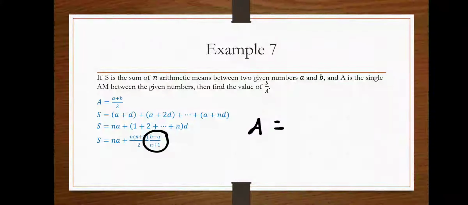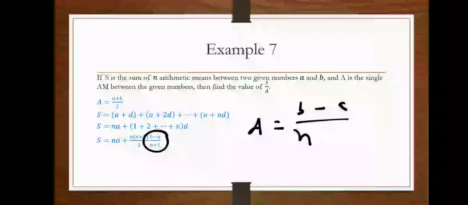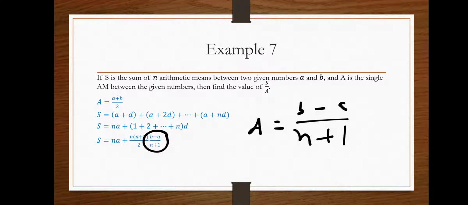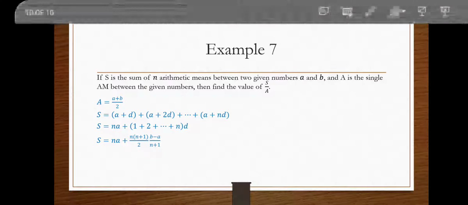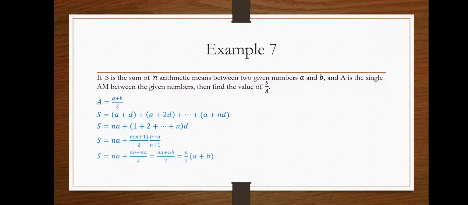So d is basically equal to (b minus a) by (n plus 1). Right? Now you can see things get cancelled. You will be left with (nb plus na) by 2. Take LCM, calculate, you are left with this.